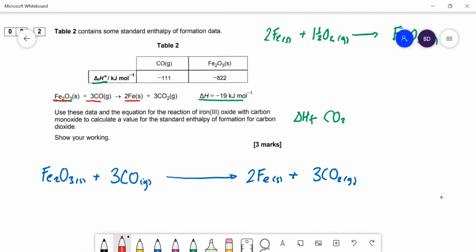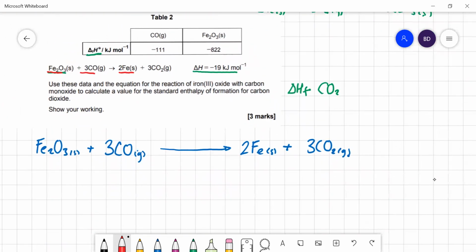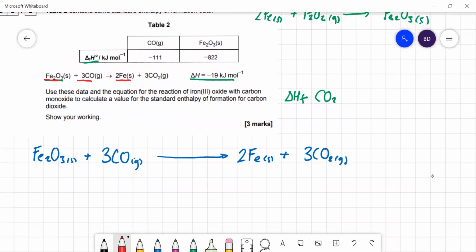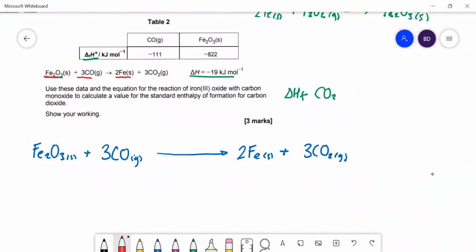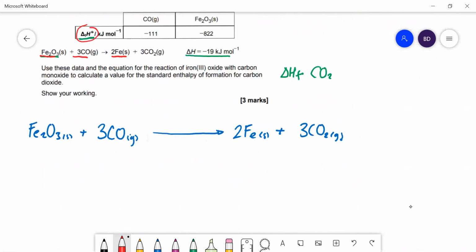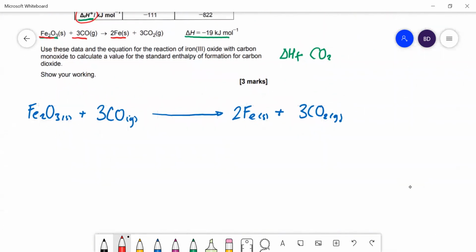Now we're going to have to use a Hess's law energy cycle. And what's the third thing we usually put down? If we're given delta HF data, the third thing to put down in the cycle are elements in the standard state. So I'm going to write that down here. So that would be 2 irons, we've got 6 oxygens there, so it's 3O2, and 3 carbons.